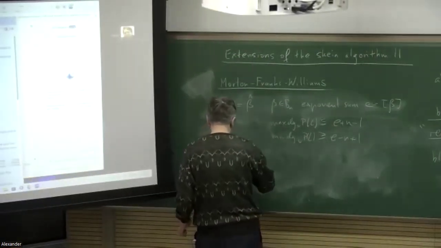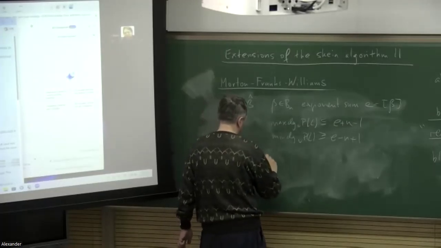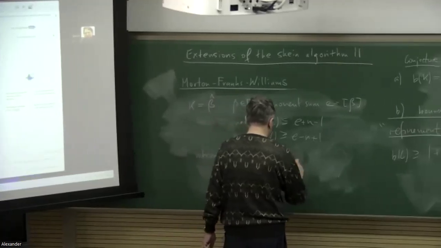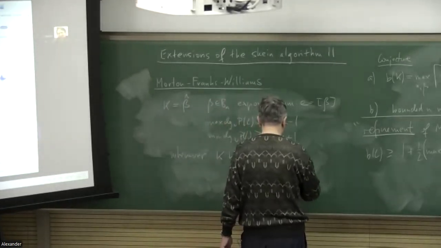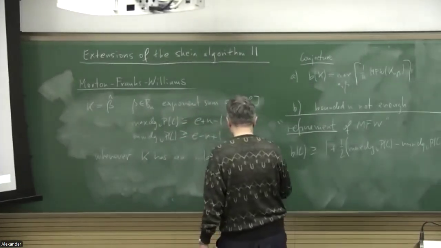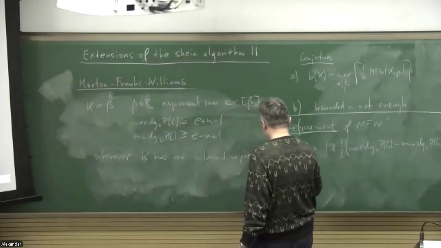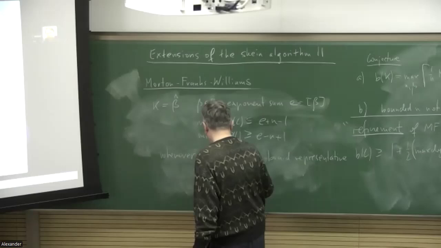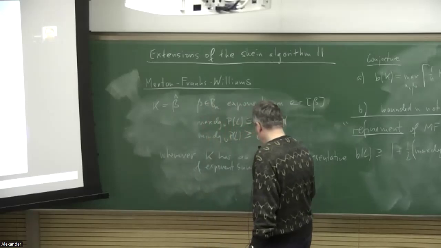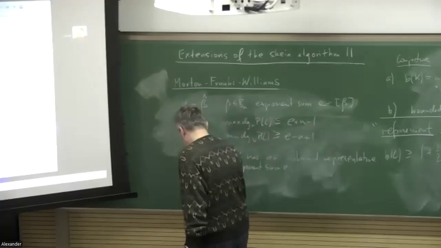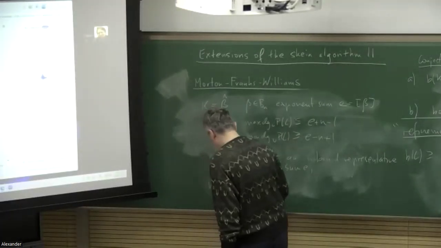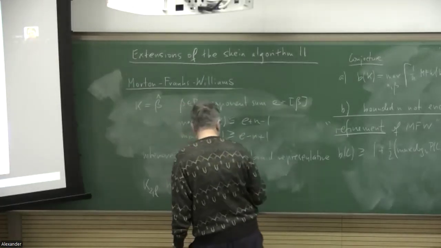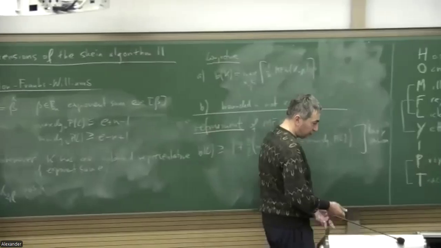So whenever K has an n braid representative of exponent sum E, you know that the two cable K_{2,f} that I explained before has a 2n braid representative.